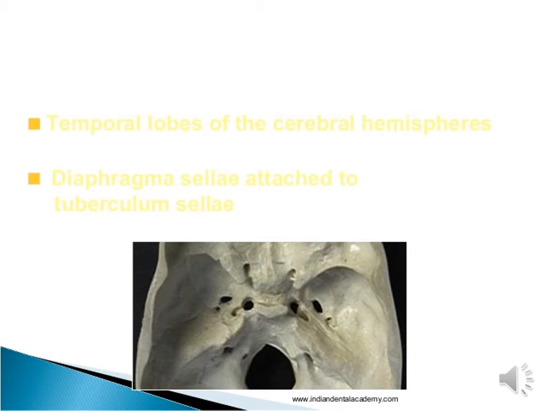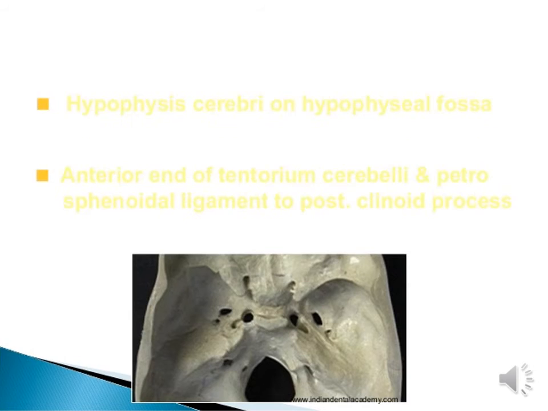The structures within the middle cranial fossa are the temporal lobe of the cerebral hemispheres and the diaphragma sellae attached to the tuberculum sellae. We have the hypophysis cerebri on the hypophyseal fossa.